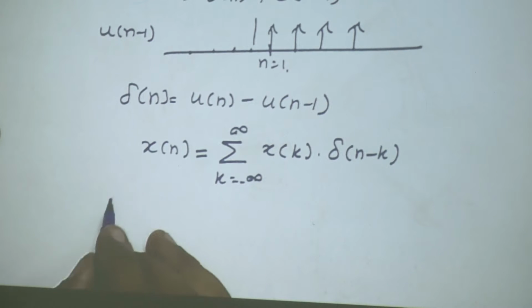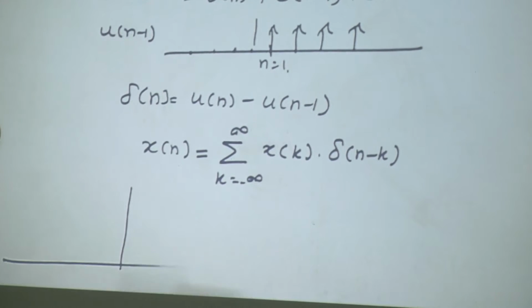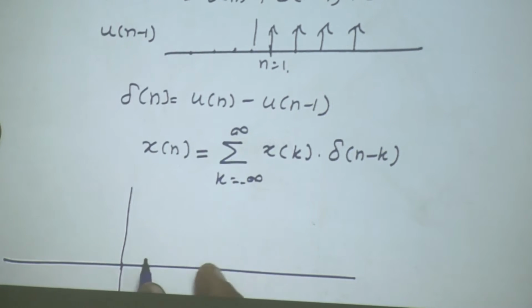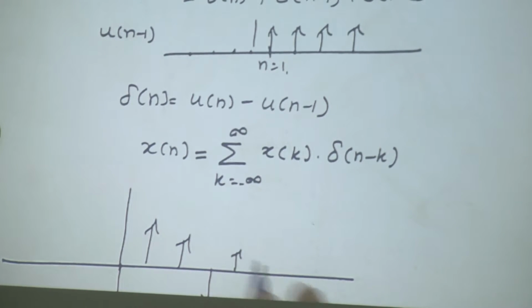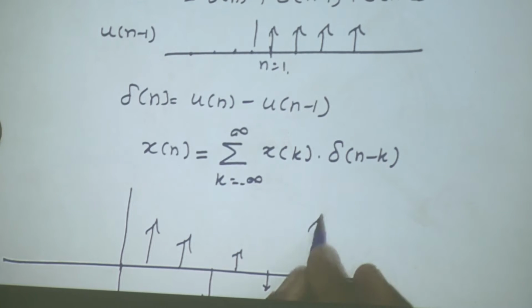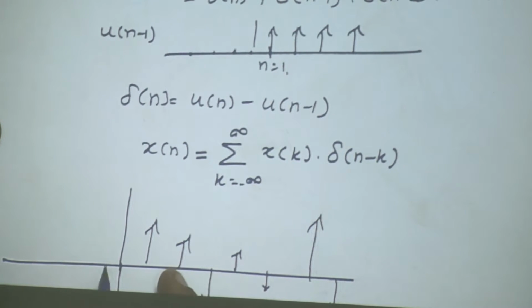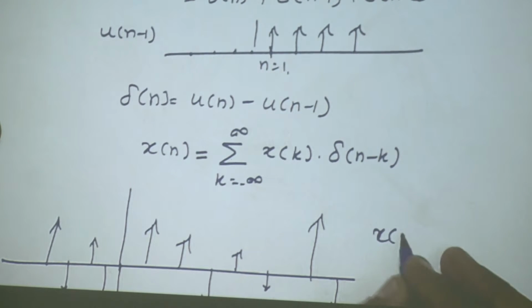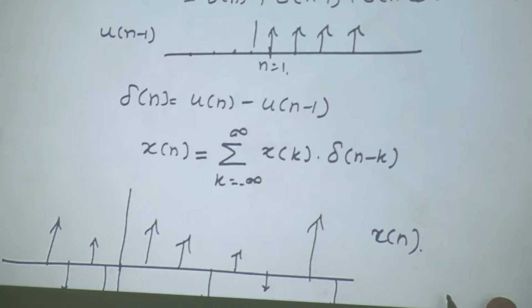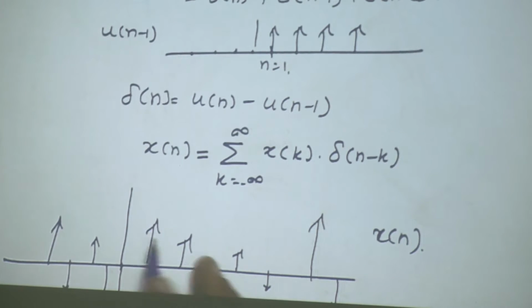Suppose I have some sample values, this is some x[n]. How do I write this? What is this value?